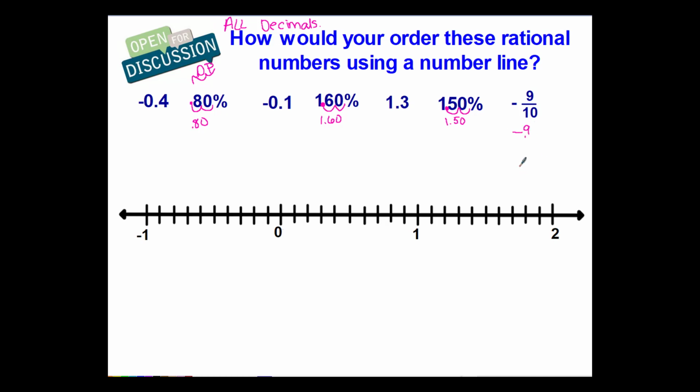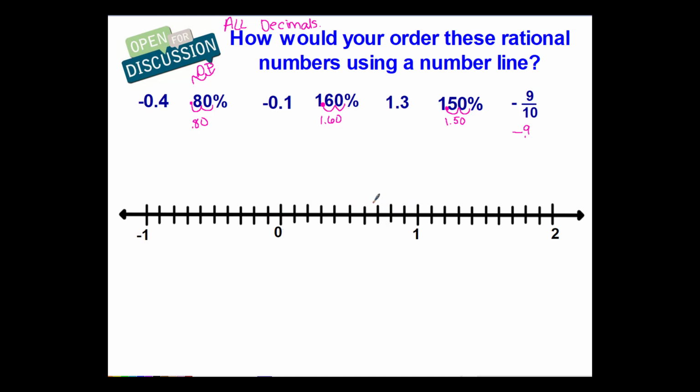Okay, now that I have all my numbers in decimal form, I can start arranging them on my number line. So I see that I have a 0, a +1, +2, and a -1. So I'm going to count the spaces in between, and that's going to help me determine what value each line is. So I have 1, 2, 3, 4, 5, 6, 7, 8, 9, 10.